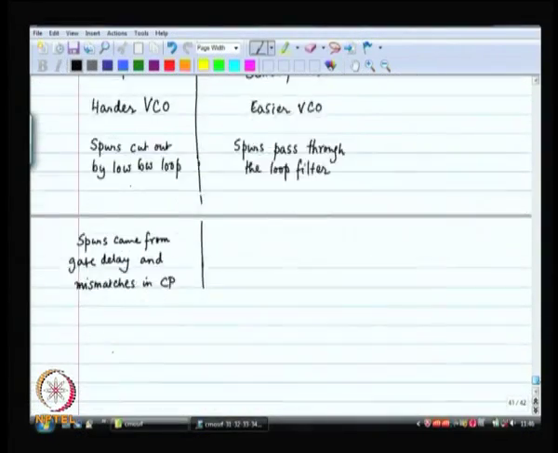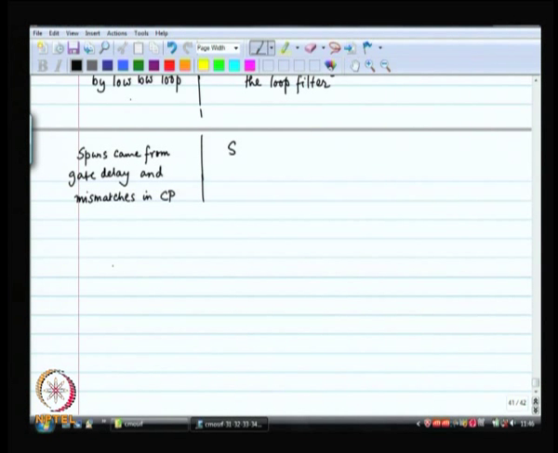That is how we did it. So, that is where the spurs came from. So, the spurs in the fractional N are systematic. They have nothing to do with mismatches, they have nothing to do with gate delays, etc. They are systematic. Okay. Which of course means that these spurs are once again going to be much larger.